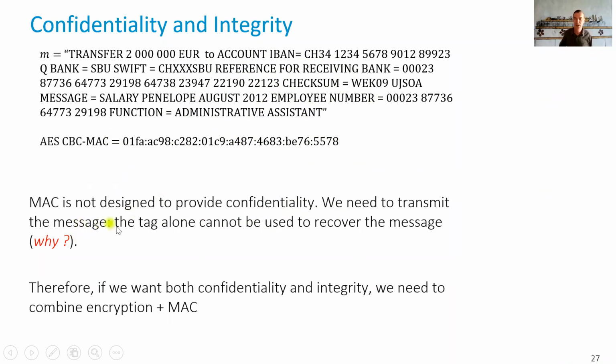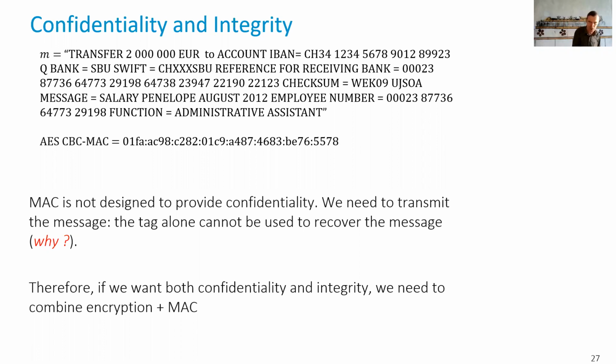Essentially, because the tag is usually much shorter than the message, so there are more possible messages than there are possible tags. So at least in theory, it is not possible to reconstruct the message from the tag. In specific cases, if you have a short dictionary of possible messages, then it might be possible to reconstruct the message from the tag if you have a library of known messages and tags. But that is, in principle, to be avoided.